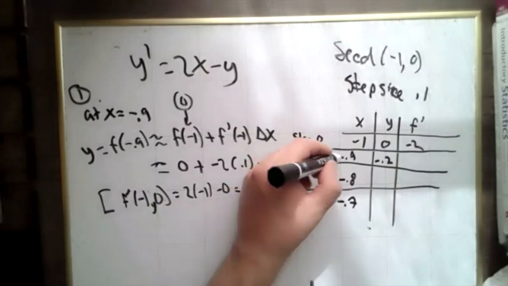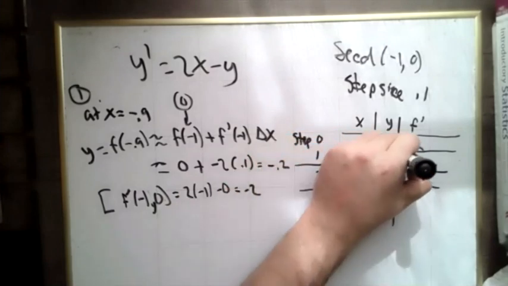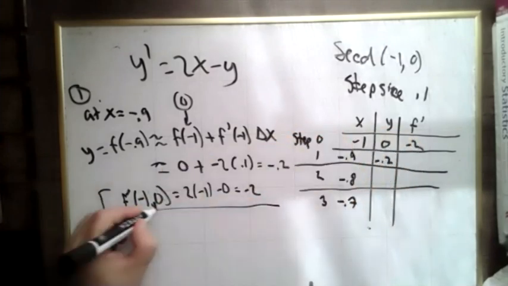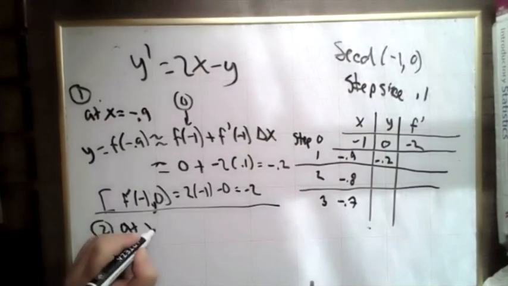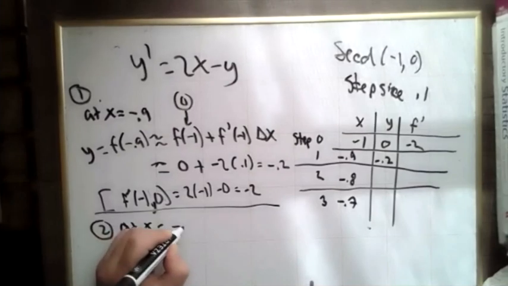Okay, then we just repeat. Now this is my new starting point. So at step 2, I'm at x equals -0.8.